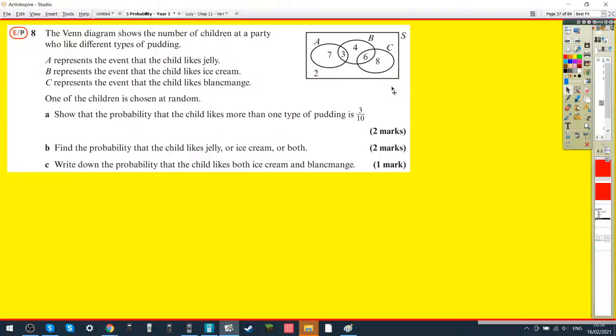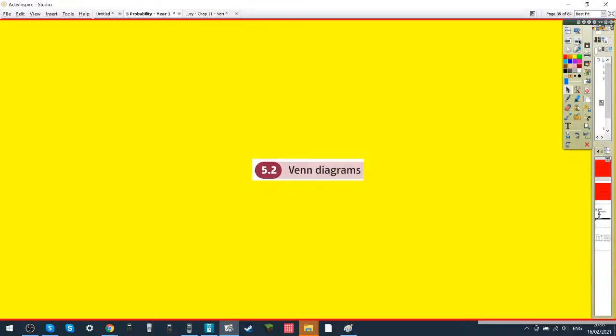The child likes jelly, or both ice cream. That's alright. It's easy, I think. Okay, Venn diagrams. Probably a tick. That's great.